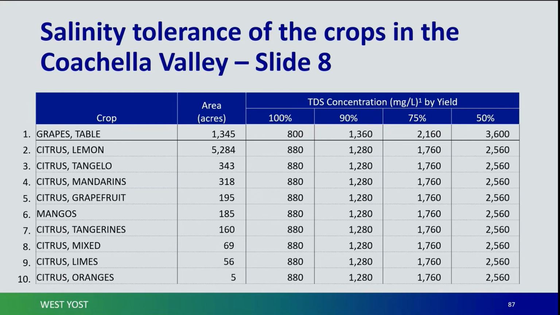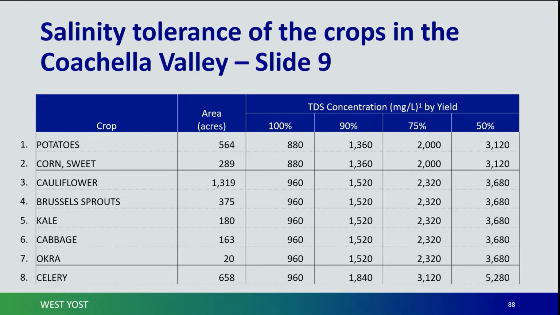So the higher acreage is at the top and the lowest acreage is at the bottom. These are based on 2021 values. We can go ahead and go to the next slide.